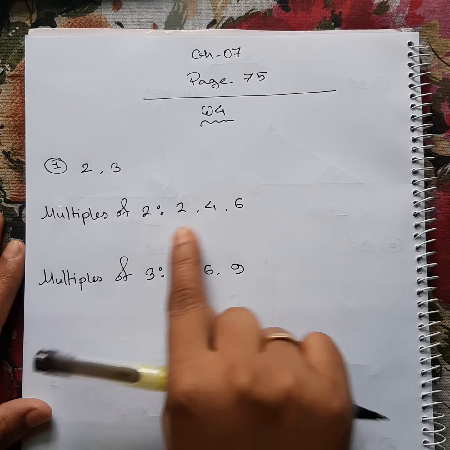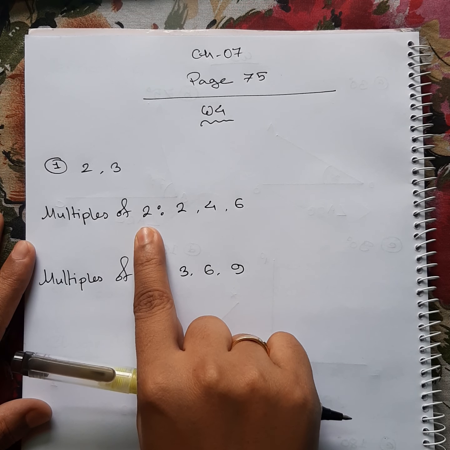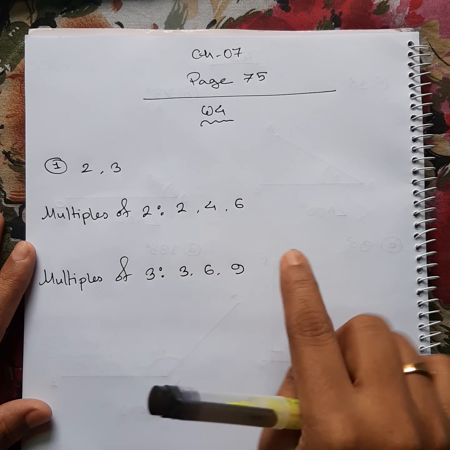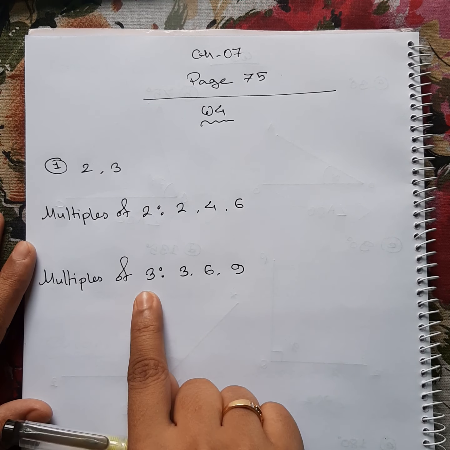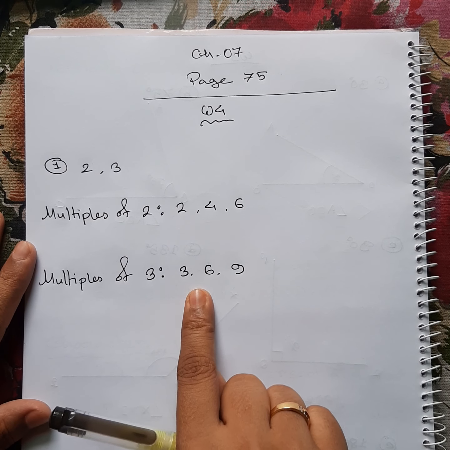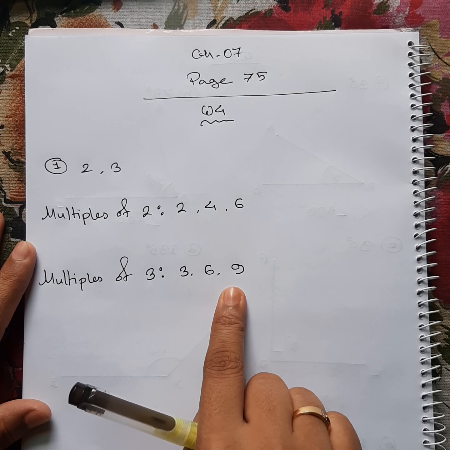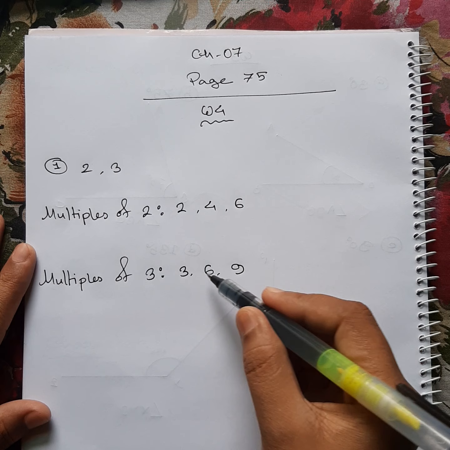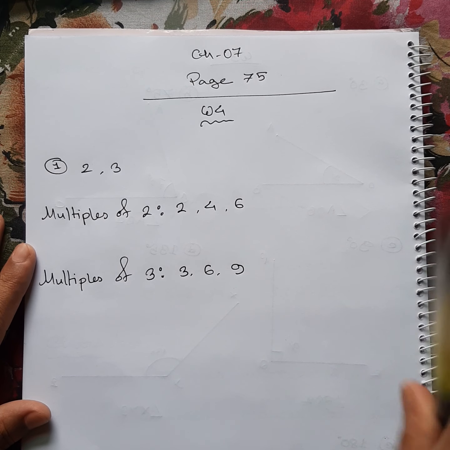These are 3 multiples of 2: 2, 4 and 6. I have written down 3 of them here, and for 3 I have written down 3 multiples over here. And in your question they said to write down at least 3 common multiples.